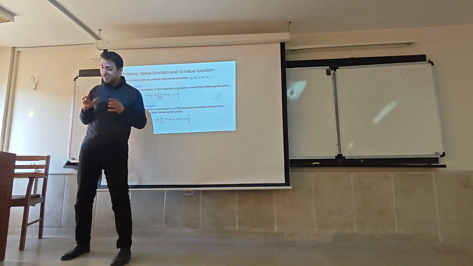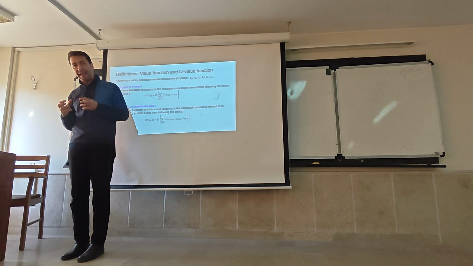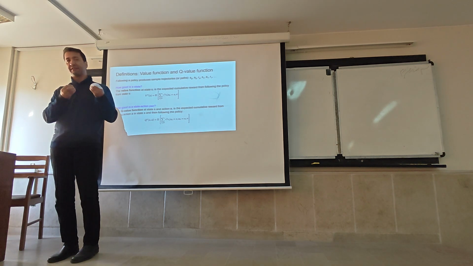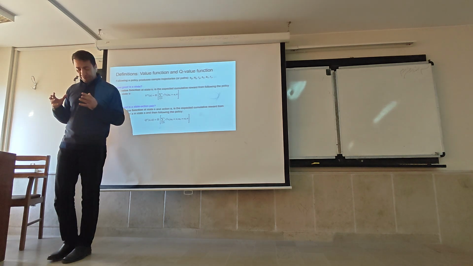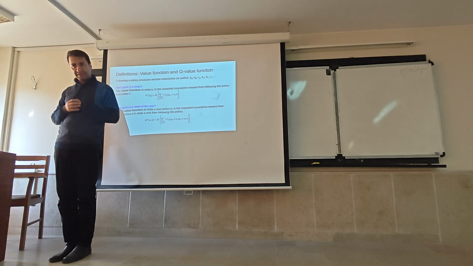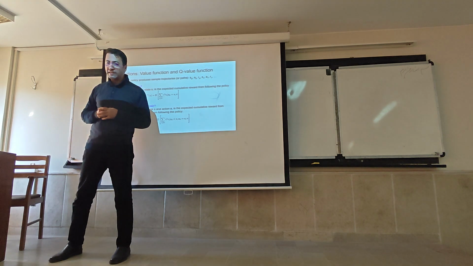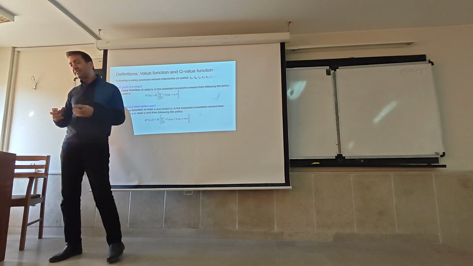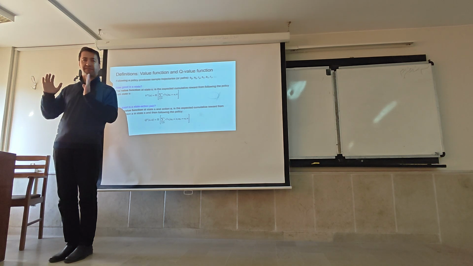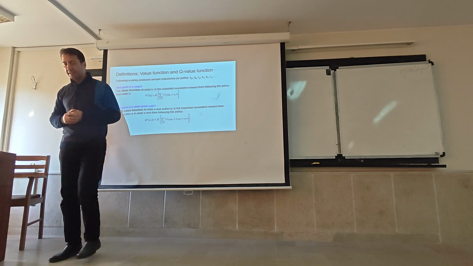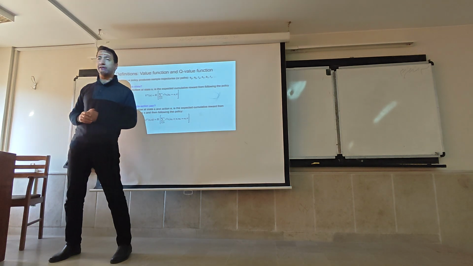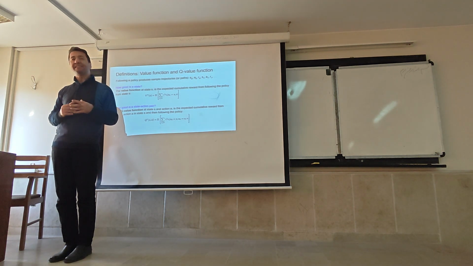If we want a relation between the Q value and the V value function, we say, for example, we are in state S and our first action is A. This is Q(S,A). That's the total reward that may be achieved starting from S with first action going left, A. Now we want to write this with the V function.